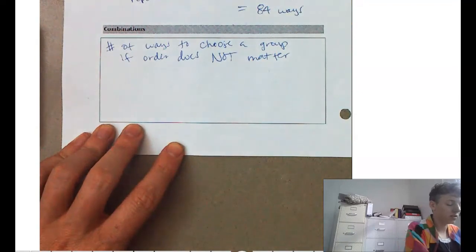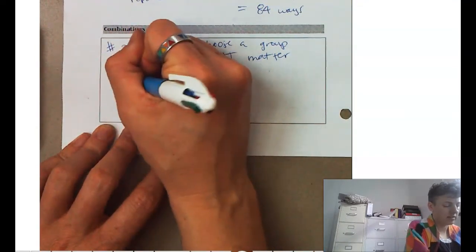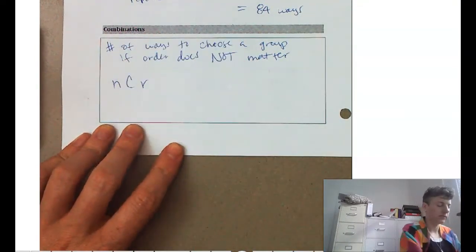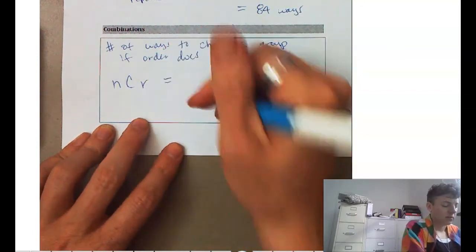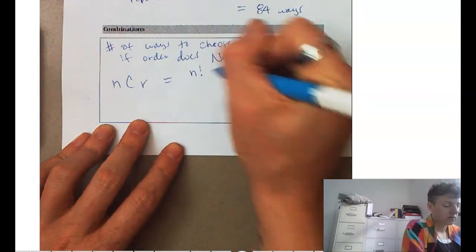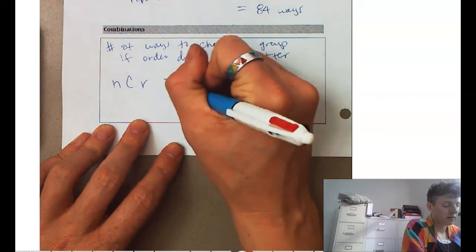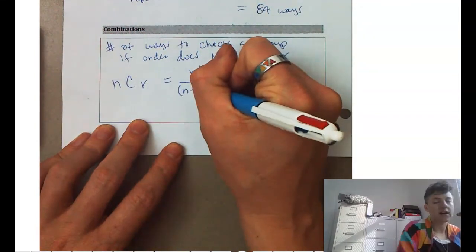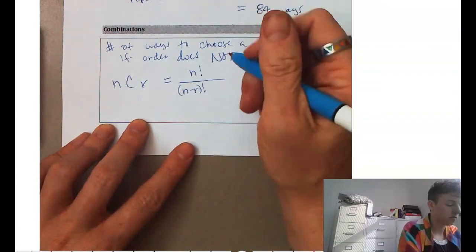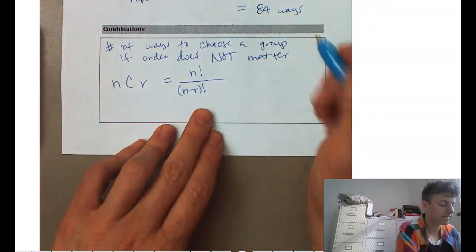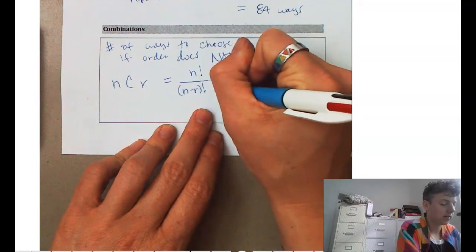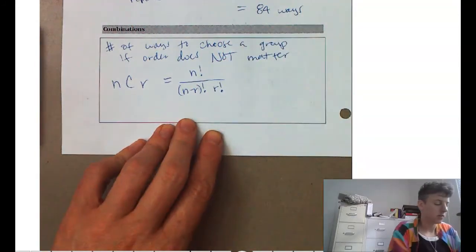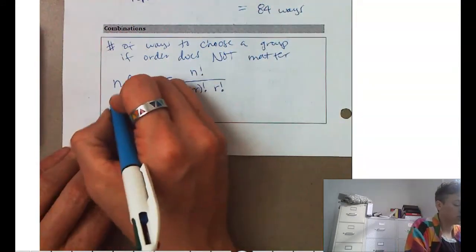So for combinations, we write that as nCr. That'll be n factorial over what we had before, n minus r factorial. But we're going to divide out the repeats, which was r factorial.